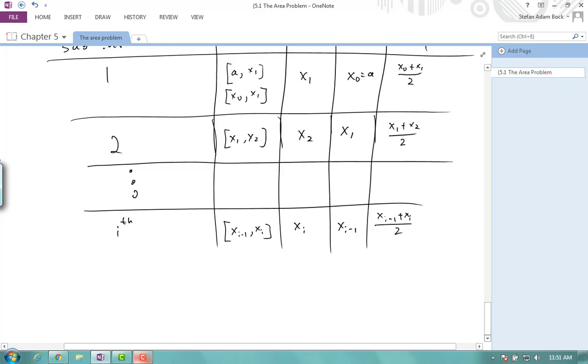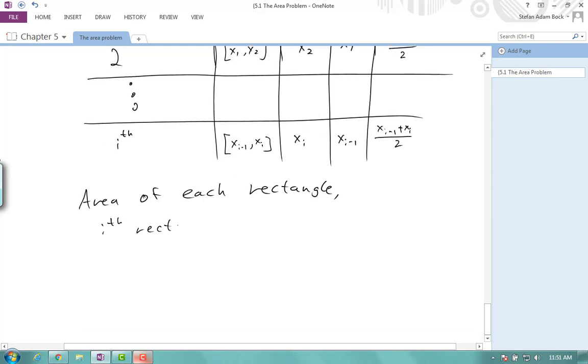So the area of the rectangle is the width, which is delta x, times the height. So if I'm using the right-hand rule, then I'm going to have (b minus a) over n multiplied by f of x sub i.